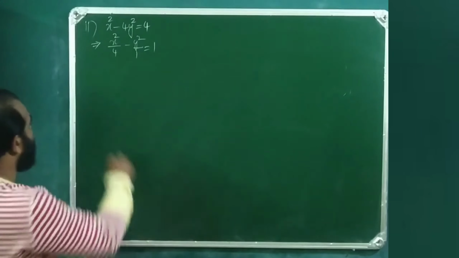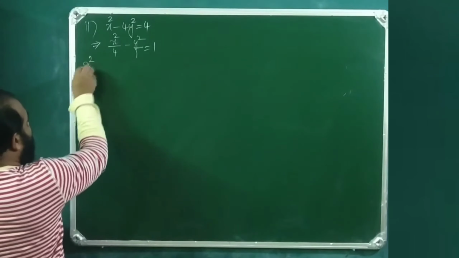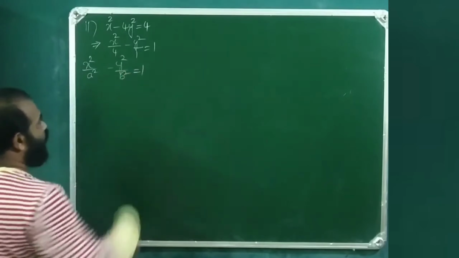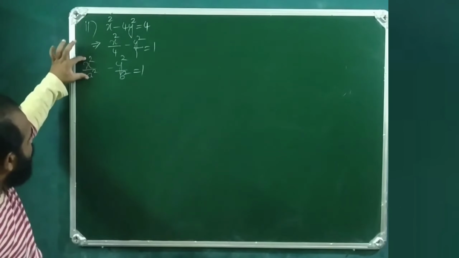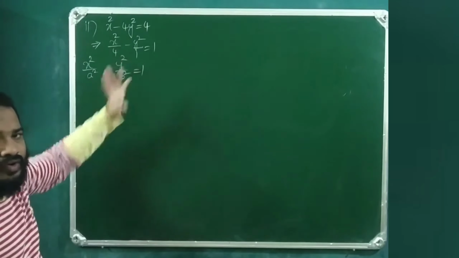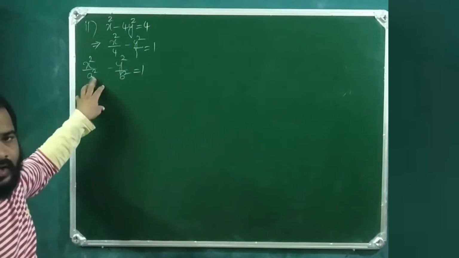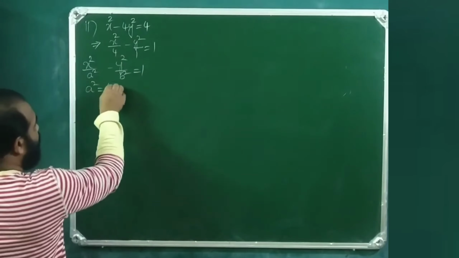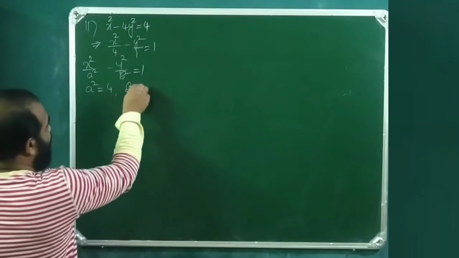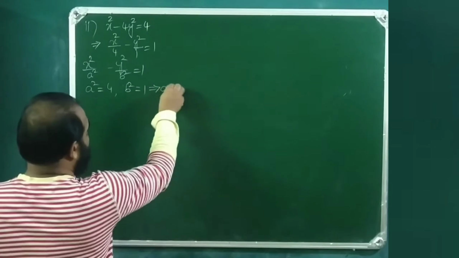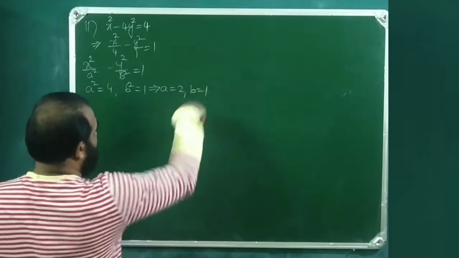So this is the form x square by a square minus y square by b square equals 1. Had it been y square by b square minus x square by a square equals 1, it would be a conjugate hyperbola, but this is a hyperbola. So here a square is equal to 4, b square is equal to 1. So that implies a is equal to 2, b is equal to 1.